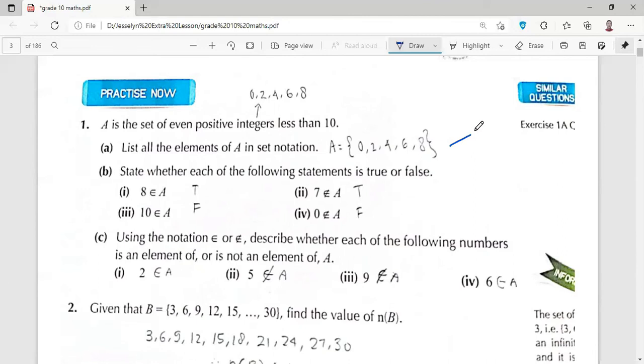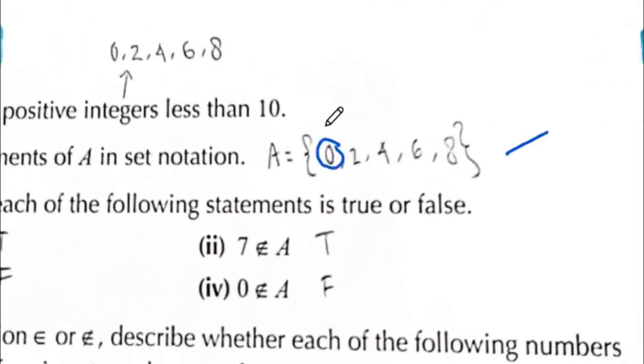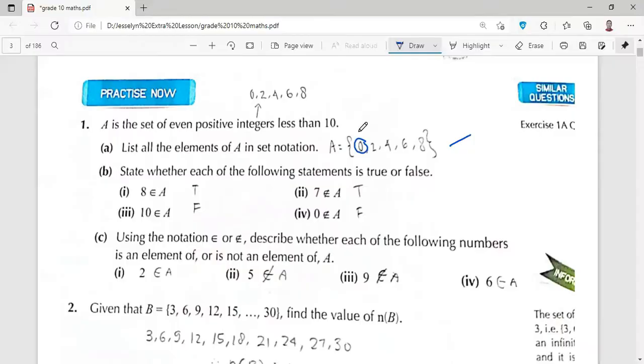So we have to remove 0 here because 0 is not a positive integer less than 10. Therefore, for I, we have 0 not an element of A. Is that a true or a false statement? Okay, so this is a true statement.